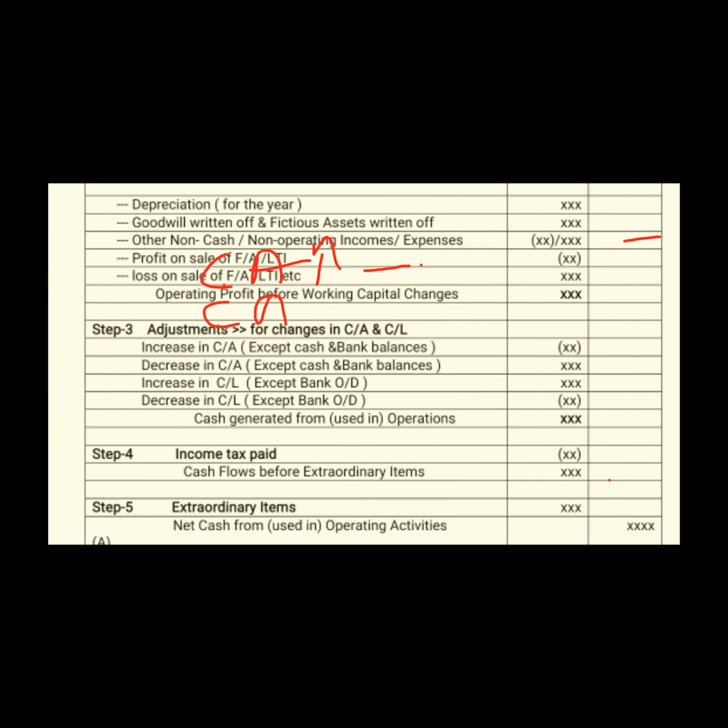Current asset decrease, what will you do? Plus, right? And do the opposite for current liability. So if current asset increases, minus. If current liability increases, do the opposite, plus. Similarly, if current asset decreases, plus; if current liability decreases, minus. Just remember this much, right?